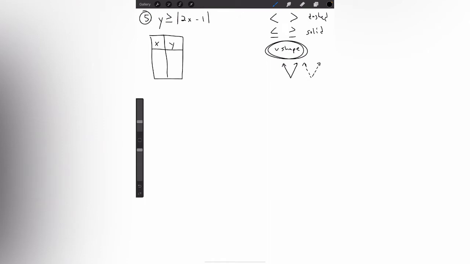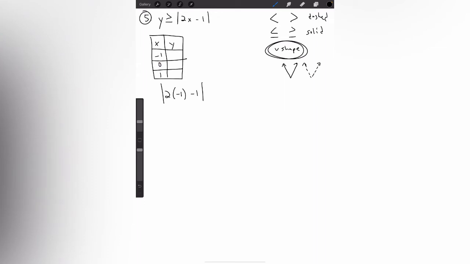So I'm going to say -1, 0, and 1. We'll start there. Okay. And in this case, we'll start off with -1, and I'll go ahead and substitute that value in. So I'll say the absolute value of 2 times -1 minus 1.